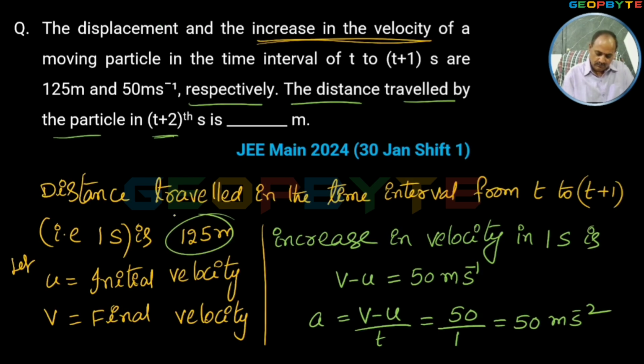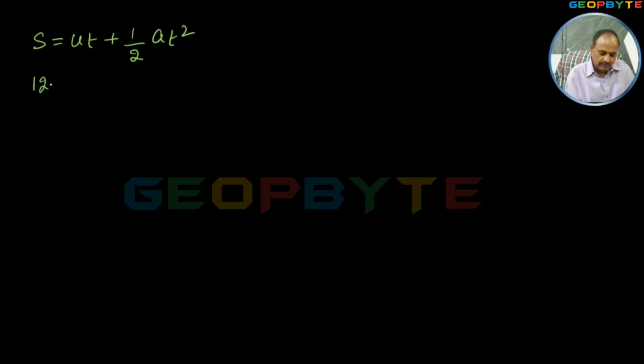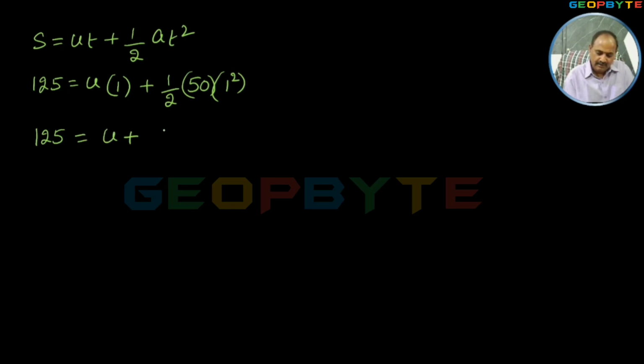Then distance traveled by the particle, s equal to ut plus half at square. The distance traveled in 1 second is how much? 125 meters. 125 is equal to u into 1, in 1 second means t equal to 1, plus half into acceleration 50 into 1 square. From this you can decide the initial velocity. 125 equals u plus 25. From this the initial velocity equals 125 minus 25, which is 100 meter per second. Okay, that is the initial velocity.